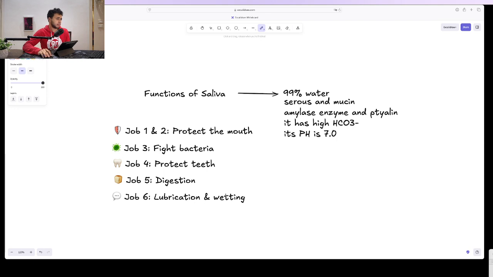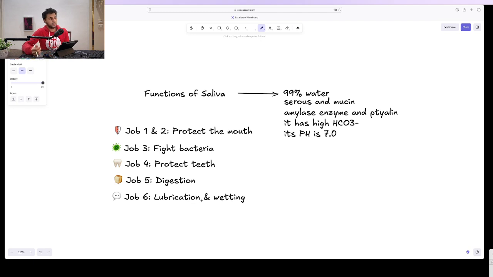Digestion: it contains two enzymes, which is amylase enzyme, which breaks down starch into simple sugar, and this is from the ptyalin, right?